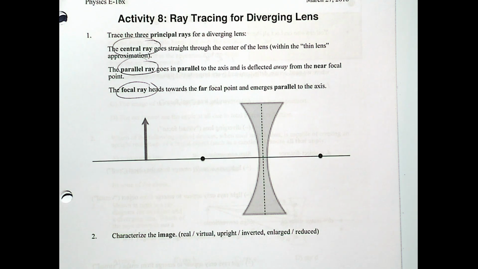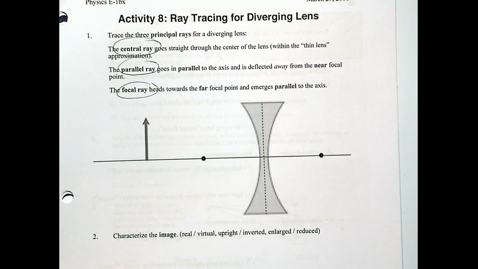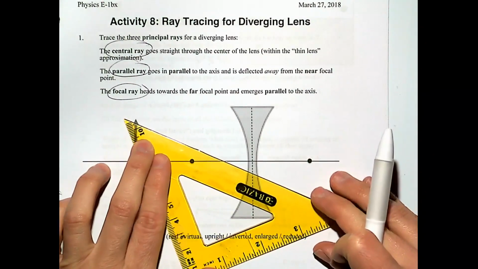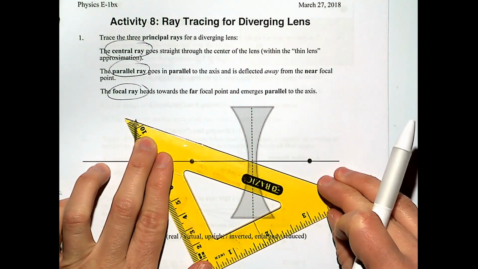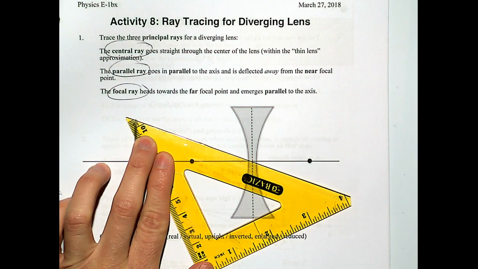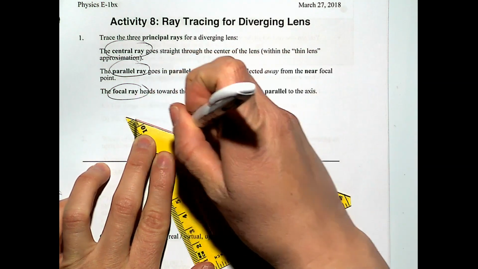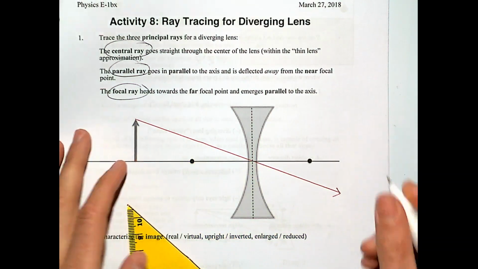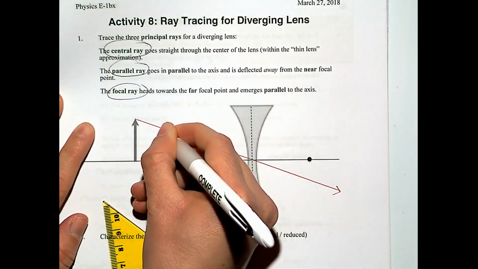Okay, so let's start with the central ray. That's the easiest one. So the central ray starts at the tip of the arrow, and it just goes straight through the center of the lens. So this is the central ray.